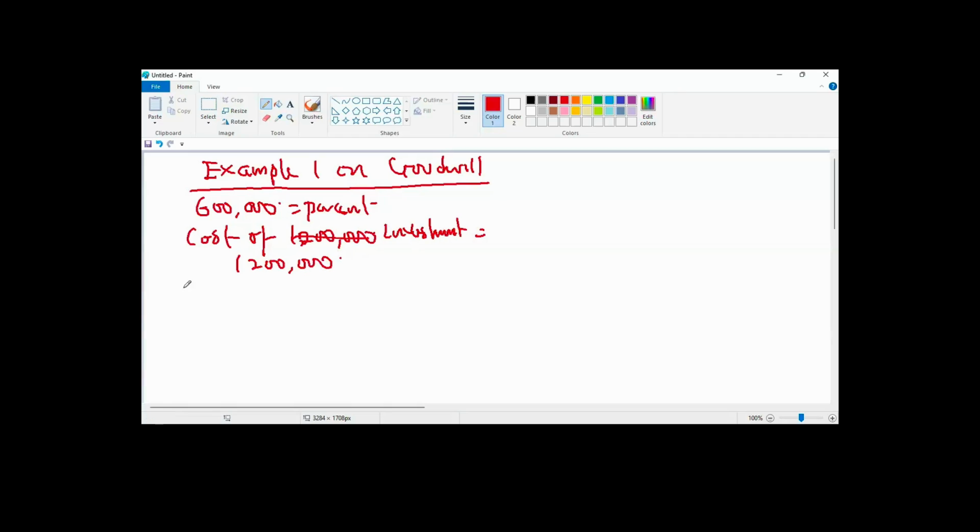So I can get the total number of shares now. Total number of shares in the subsidiary equals the value of the subsidiary divided by the nominal value. He has given me 250,000 divided by 0.25. So what is the number of shares now? 1 million. He has 1 million shares. Out of it, he acquires 600,000.